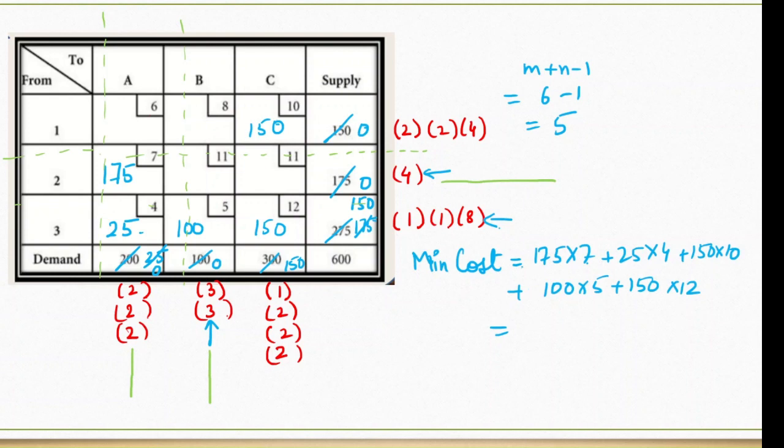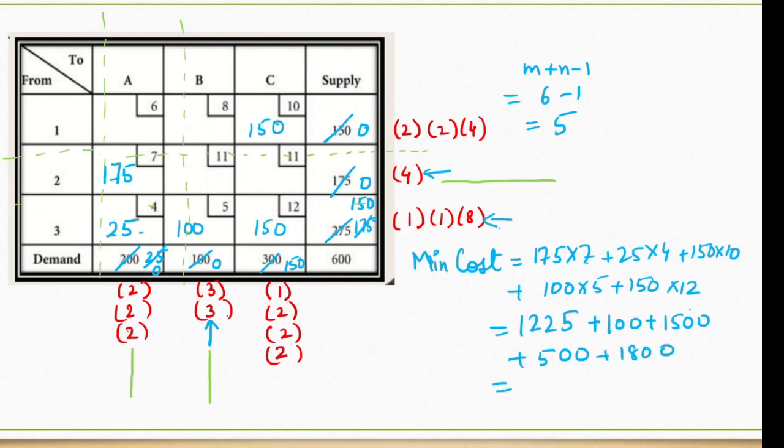So 175 multiplied by 7 is equal to 1225. 25 into 4 is 100. This is 1500. This is 500. And 150 into 12 is 1800.